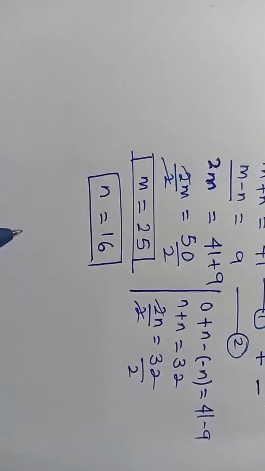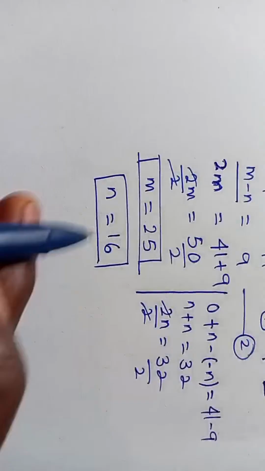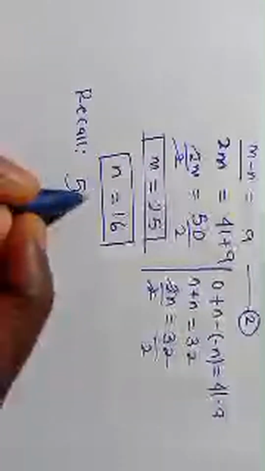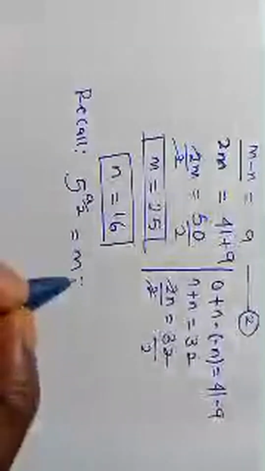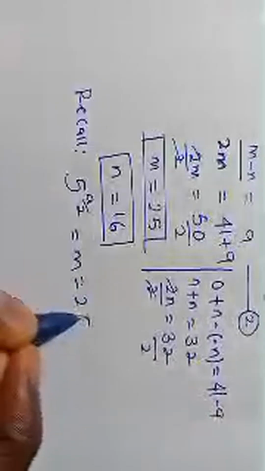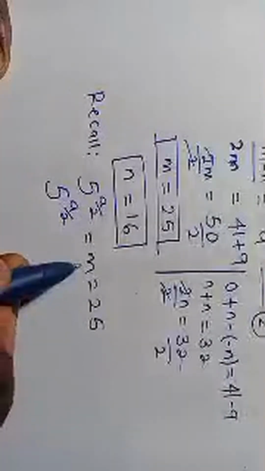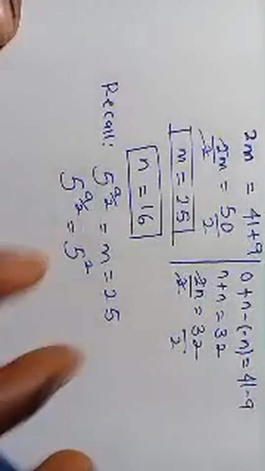Then from here too, if our n equals 16, now, if we recall from here, meaning we are going to have 5 to the power of a over 2 that equals m, and our m equals 25. Then we have 5 to the power of a over 2. So let us now have m in base 5 as 5 to the power of 2.